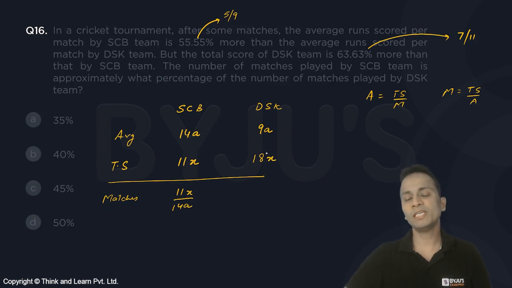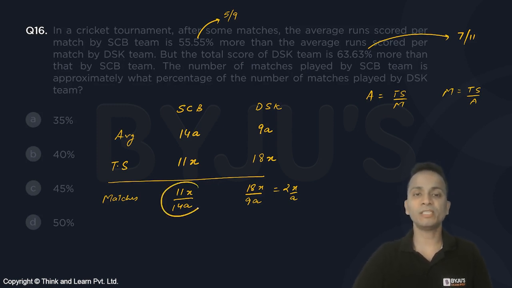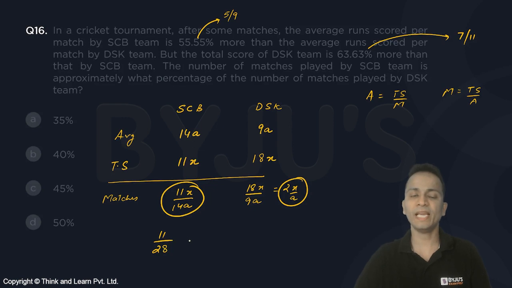And similarly for DSK team, it will be 18x upon 9a, that is twice of x upon a. Now we have to find out the number of matches played by SCB, and this value is approximately what percentage of the other value. So we'll divide: first value divided by second value will give you a fraction of 11 upon 28.